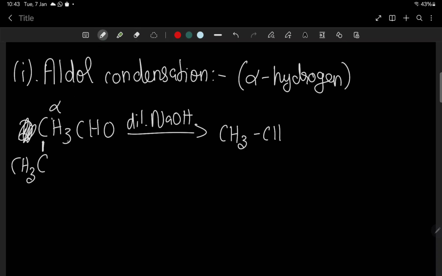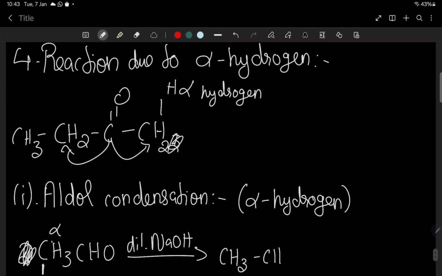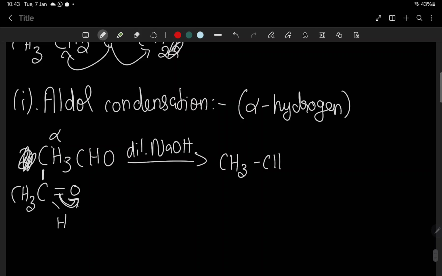We have it like this. As this bond is formed, one hydrogen from here comes and joins here. We have something like this: CH3.